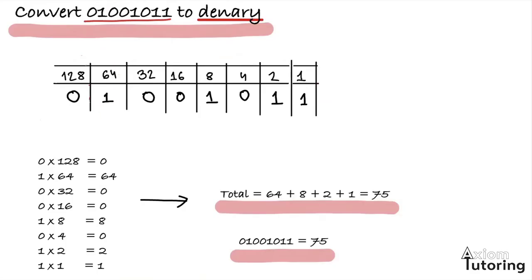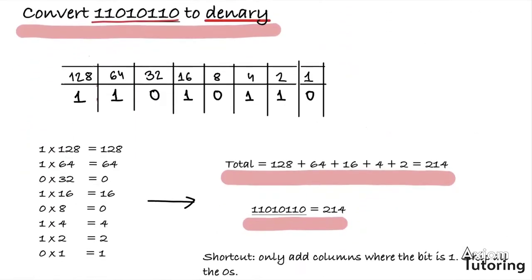And wherever there is a 0, we ignore that column entirely. So in here, as you can see, we're multiplying each digit by its corresponding place value. And then we're adding all of the results. And voila, we have 75 being the result, which means that this number in binary is the representation of 75 in denary.